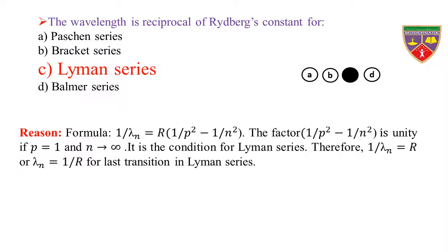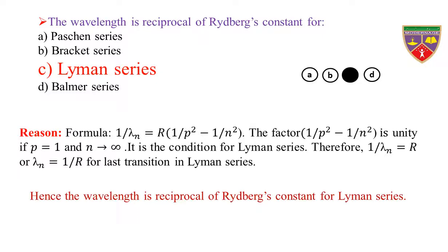Therefore, 1 divided by lambda n is equal to R. Lambda n is equal to 1 by R, which is the reciprocal, and it is for the last transition in Lyman series. Hence, the wavelength is reciprocal of Rydberg constant for Lyman series.